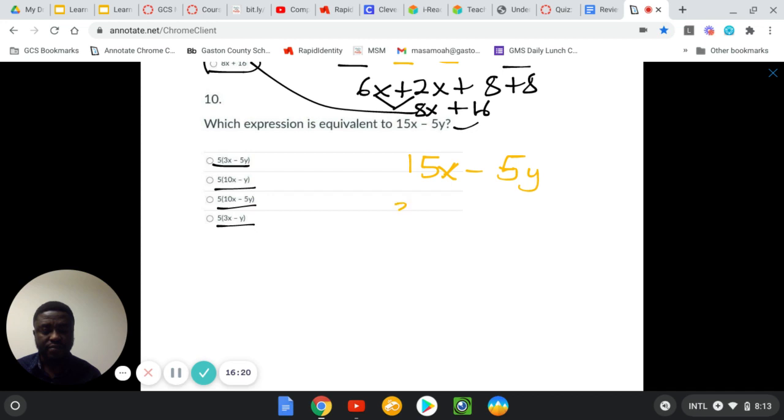So I have 3x times 5. This will give me 15. Then I have 5 times 1y. Because 5 times 1 will also give me 5.